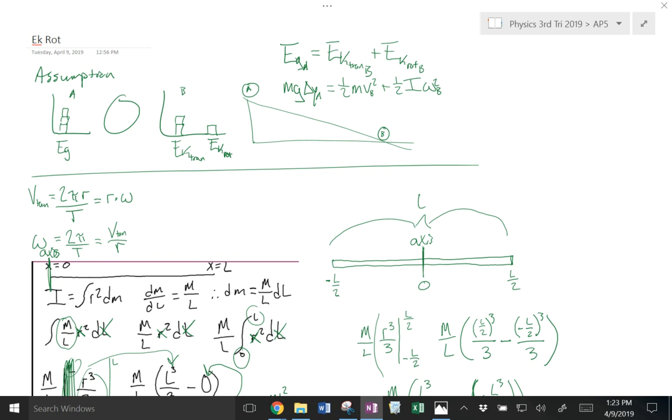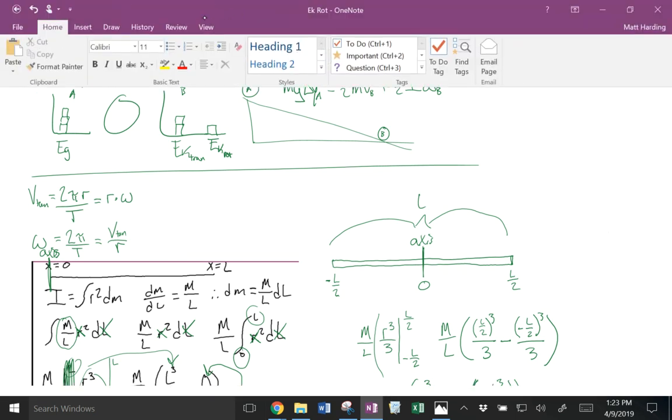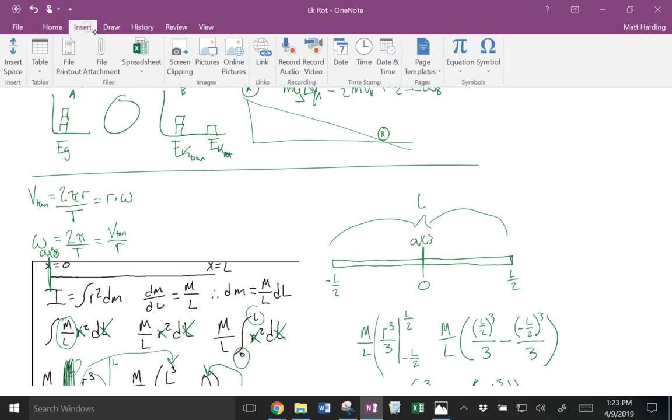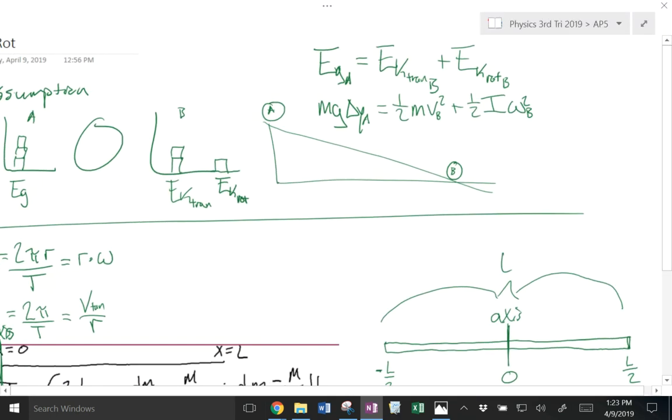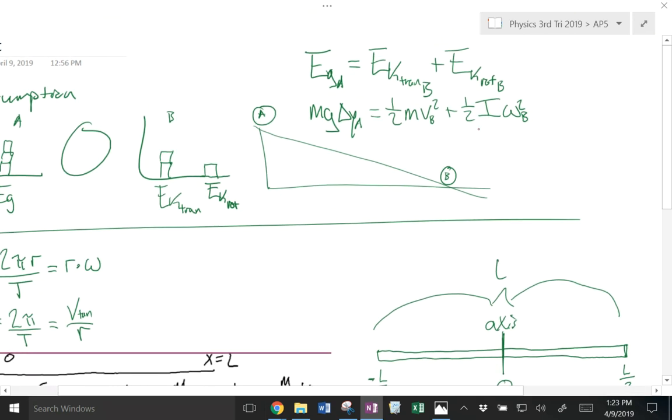So a couple of things to simplify this then. I've got omega squared here, and I've got moment of inertia. This is where I would have to look up the moment of inertia for that shape. We had a sphere, so that's 2/5 mr squared, yeah?